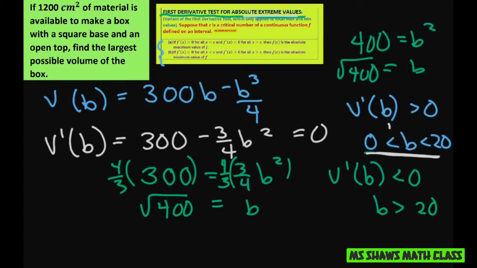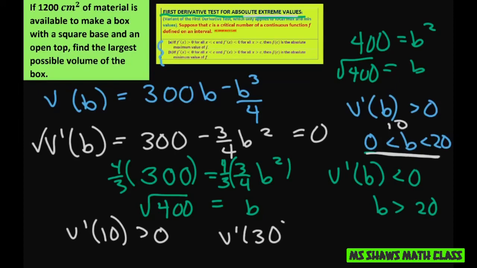And all I did was plug in a number in between. So plug in 10 here into this. V prime of 10 is going to give you a positive. And if you plug in, say, 30, V prime of 30 is going to be a negative number. So that does follow our guidelines.